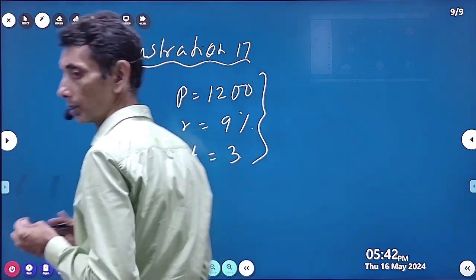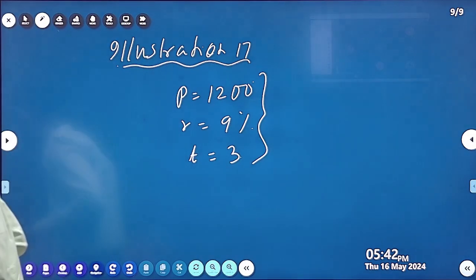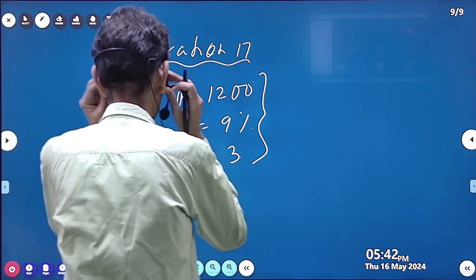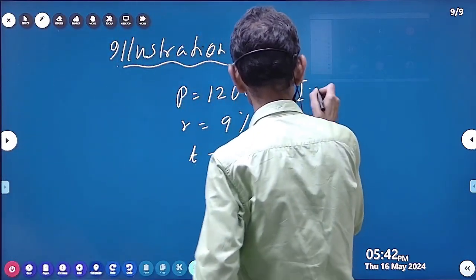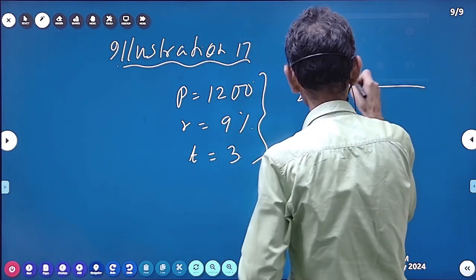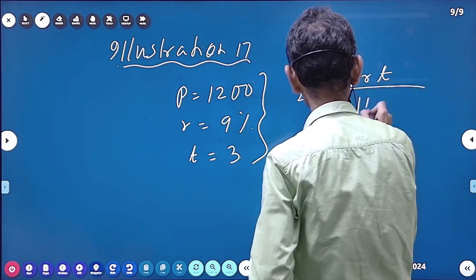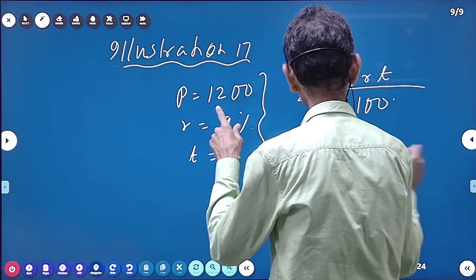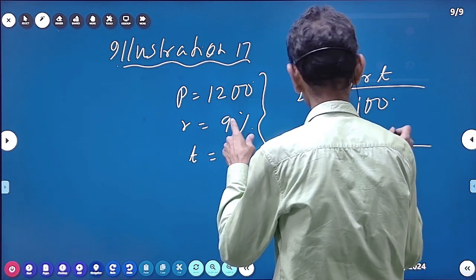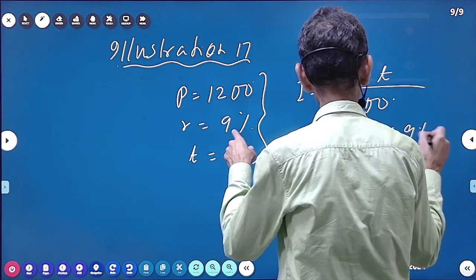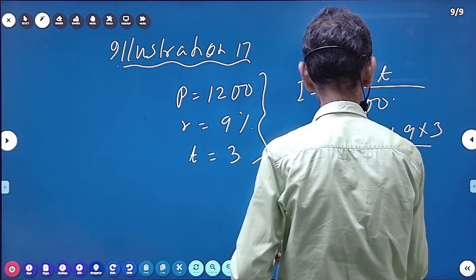Whole. Calculate the interest. To calculate, PRT by 100. Principal 1200, R is equal to 9, T is equal to 3, by 100.